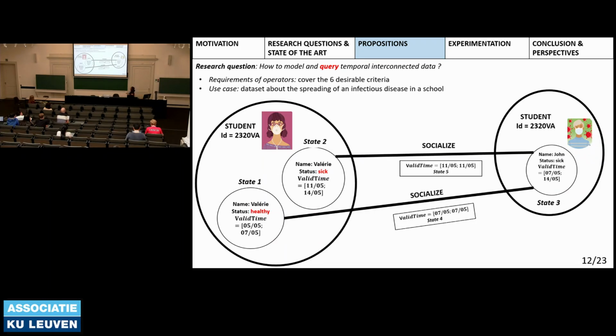So in this dataset, there are students that represent entities illustrated by nodes, and their interactions represent the relationships between the entities. So students evolve in terms of their attribute values, and the relationships are evolving in terms of topology. So new interactions are added and removed over time. So this is a representation of this dataset in terms of temporal property graph.